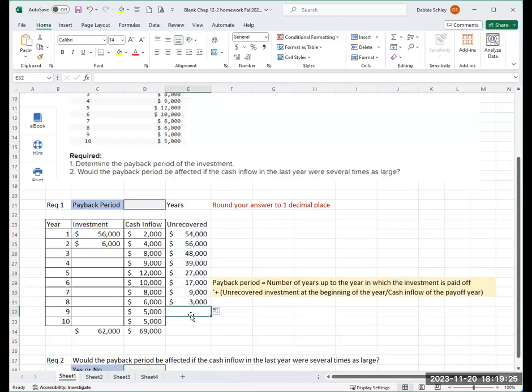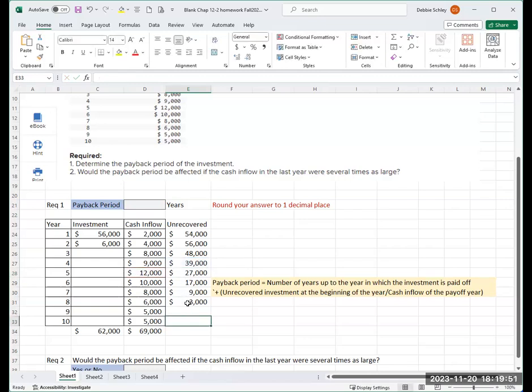Okay. So right here, I'll show you. I dragged the formula down, but it's essentially the same. It's the unrecovered from year 3 minus the cash inflow from year 4, and so on down. So year 5, year 4 is unrecovered minus the money that came in year 5.